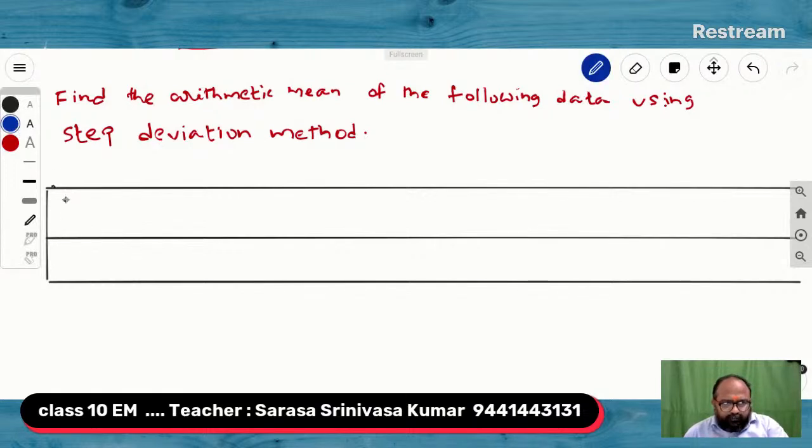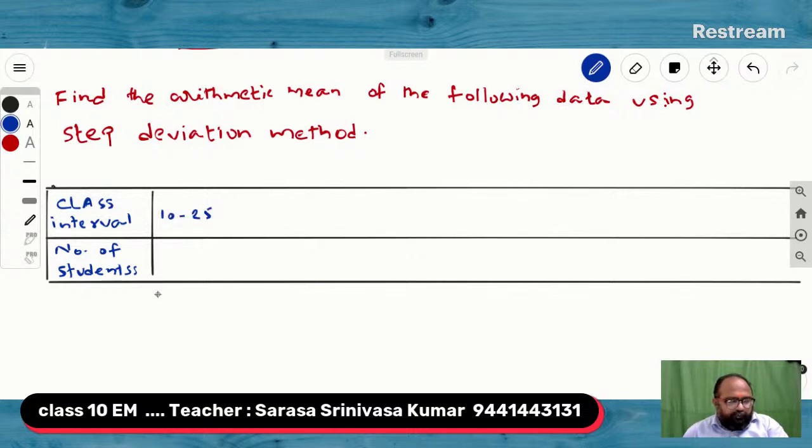Class interval, number of students. First one is 10 to 25.